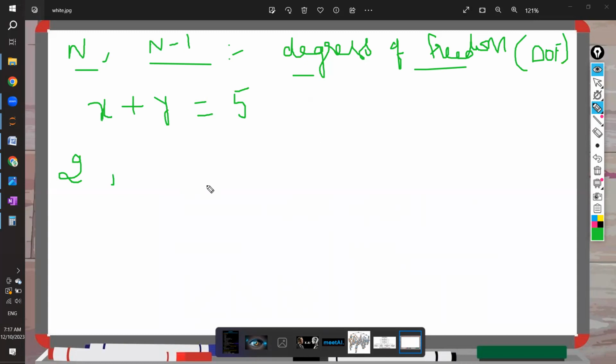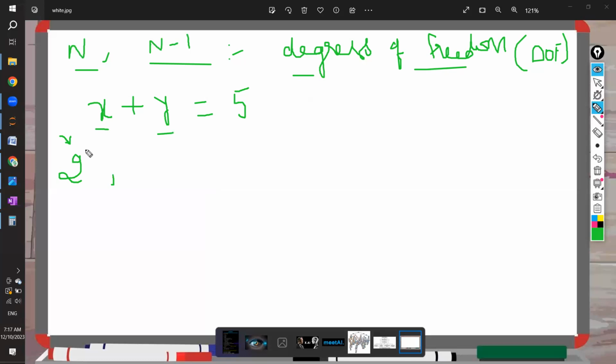It fundamentally means how many variables have the freedom to take their values according to their wish. Out of the total given variables, x is a variable, y is a variable, out of two variables, how many have the freedom to take any value they want?